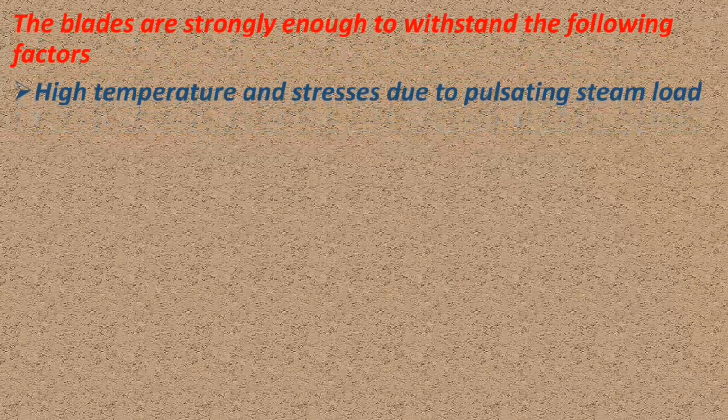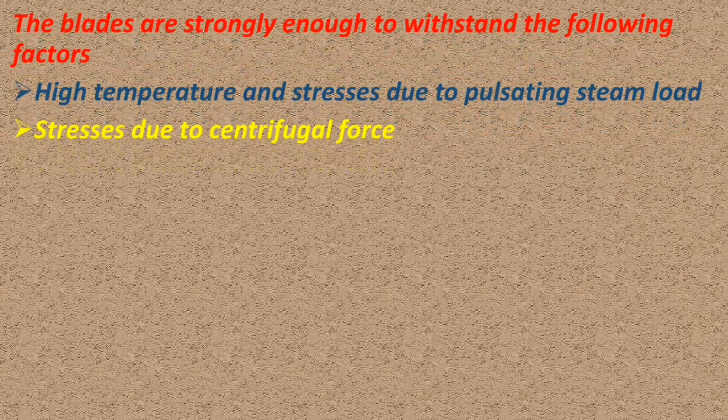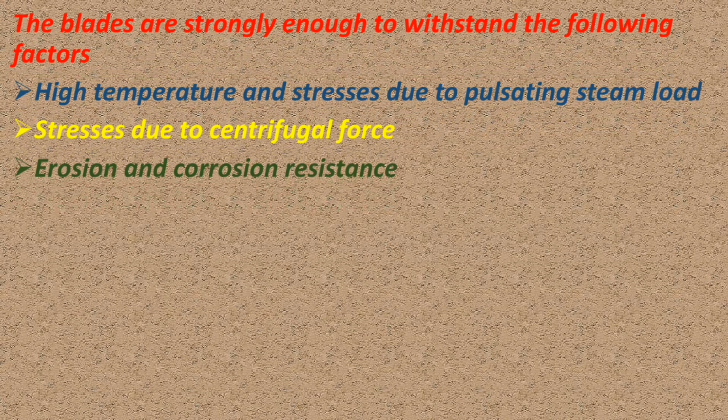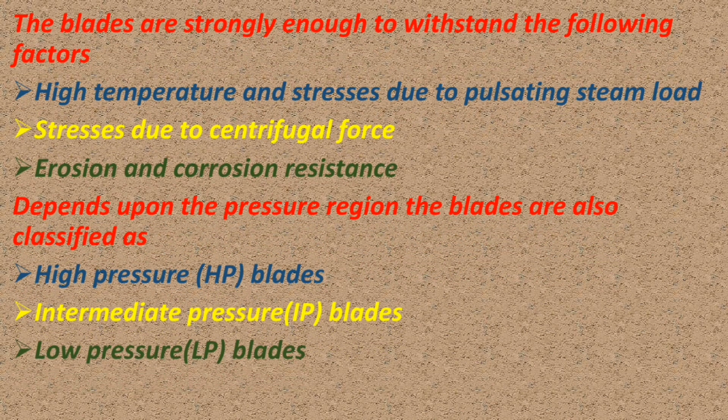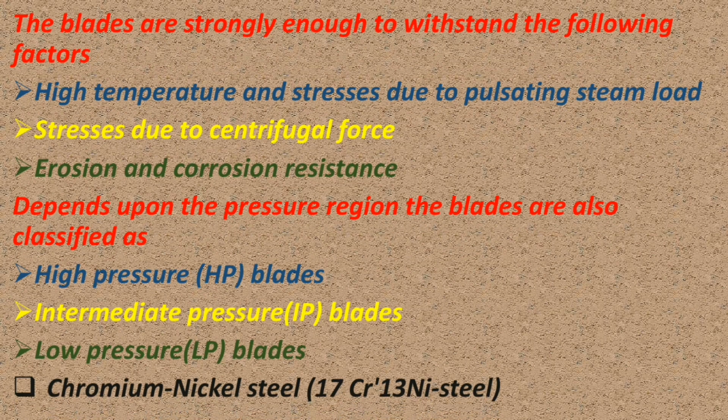The blades must be strong enough to withstand the flowing steam, high temperature and stresses due to the pulsating steam load, stresses due to centrifugal force, erosion and corrosion. Depending upon the pressure region, the blades are also classified as high pressure blades, intermediate pressure blades and low pressure blades. The turbine blades are made of chromium nickel steel.